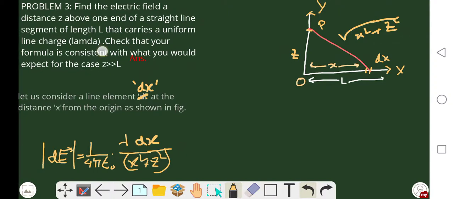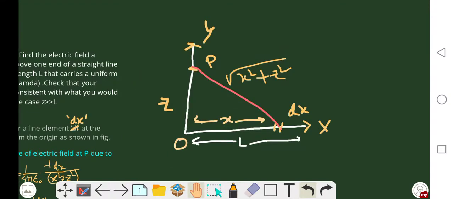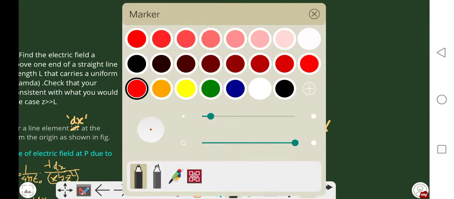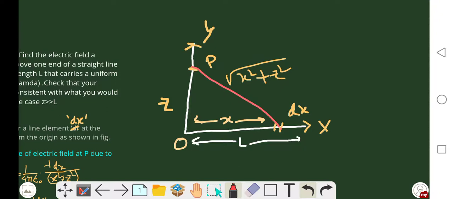Before we calculate the dE with the direction, let's see something in this image. So this is the direction of dE, right? And the line between dx and P makes an angle theta with the x-axis, and it is basically dE.